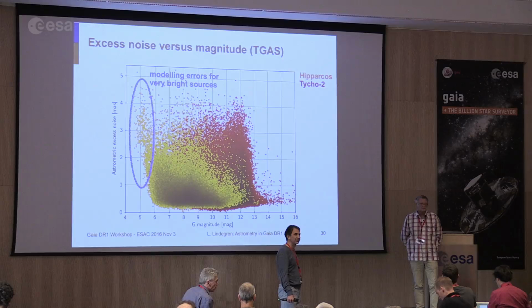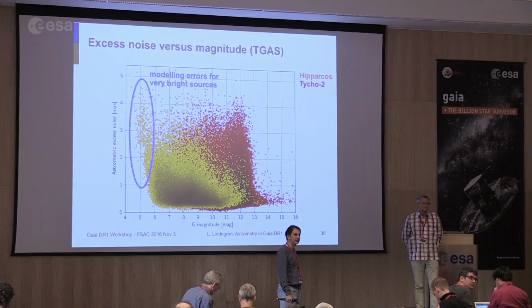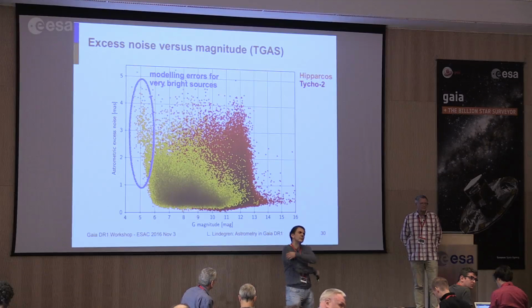Okay. The second question is, a lot of what you've projected so far is about how good the proper motions and parallaxes are going to be, but I'm actually more concerned about the positions, the scatter, the noise on the positions. Let me just pick a magnitude range that I care about, which is 18th to 19th magnitudes, towards the faint end of the catalog, but not in the weeds.